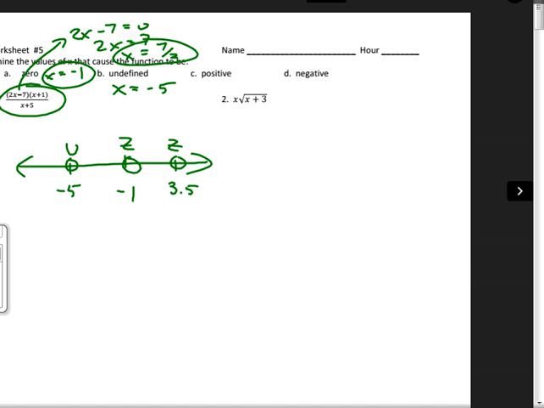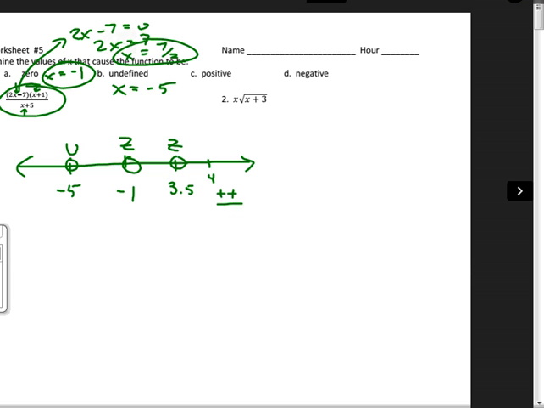And now, where would it be positive? Well, we can try things like, what's something bigger than 3.5? Like if I put in 4. Let's check 4. If you actually put a 4 in, remember, all I care is positive or negative. If I put a 4 in, I'll have a 4 there and there and there. That's going to make it 2 times 4 is 8 minus 7 is positive. Positive over positive.